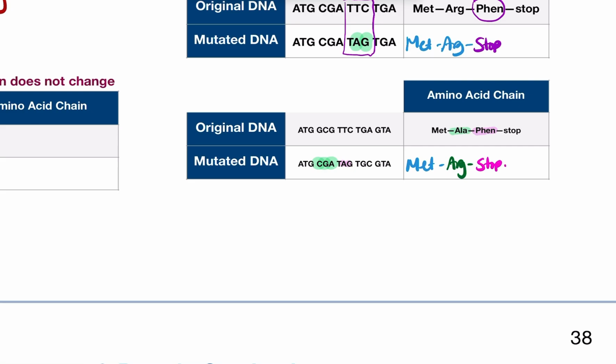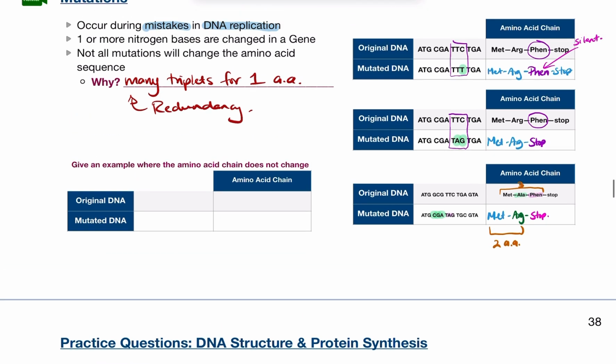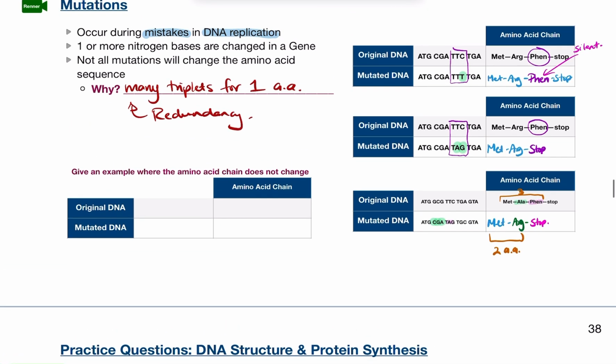So once again, you're losing, right? This is only 2 amino acids, and there was 3. So that's going to be a bad mutation. Okay, so hopefully that makes sense. A mutation is a mistake that we have during DNA replication where the wrong nucleotide matches up.